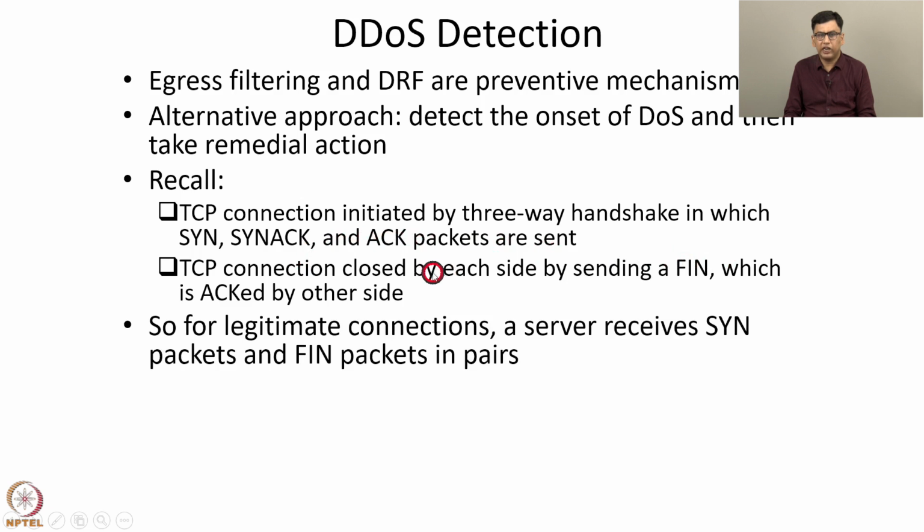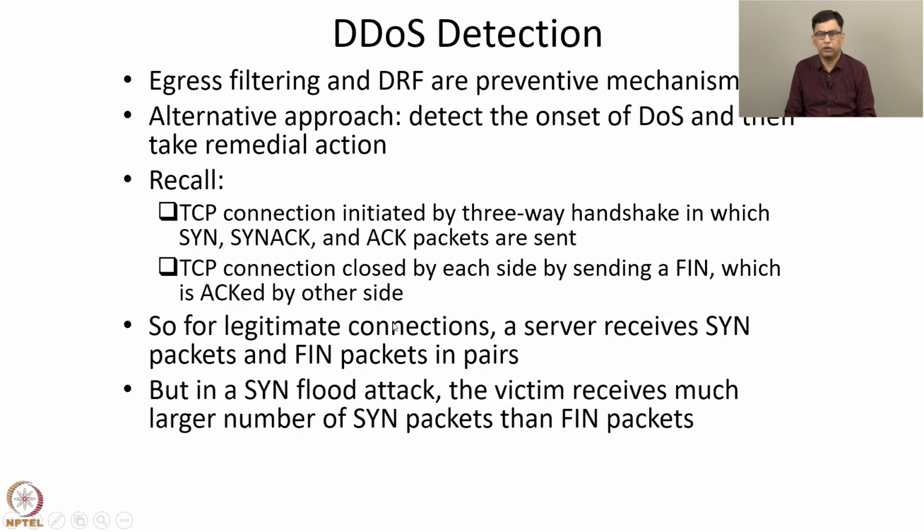So for legitimate connections, a server receives SYN packets and FIN packets in pairs. That is, for every SYN packet, it eventually receives a FIN packet. So the number of SYN packets and FIN packets should be roughly equal. But in a SYN flood attack, the victim receives a much larger number of SYN packets than FIN packets.